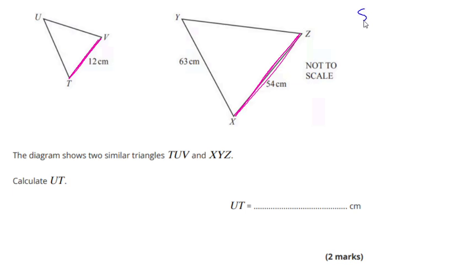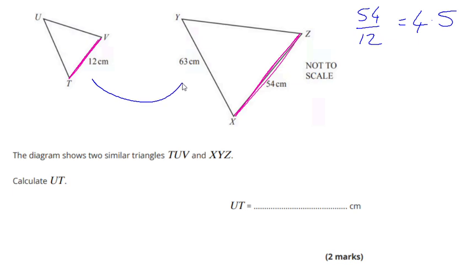So it's the bigger length, so 54, divide by the smaller length, 12. That will give me the scale factor that I have to multiply by to go from the smaller shape to the bigger shape. So always the bigger one divided by the smaller one. 54 divided by 12. Again, we do get a fraction answer there, but it makes a nice decimal, so I'm going to stick with a decimal for that one, 4.5.